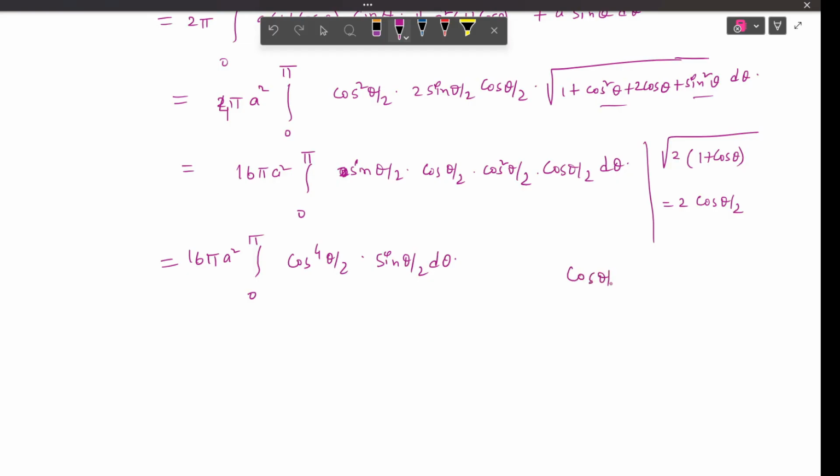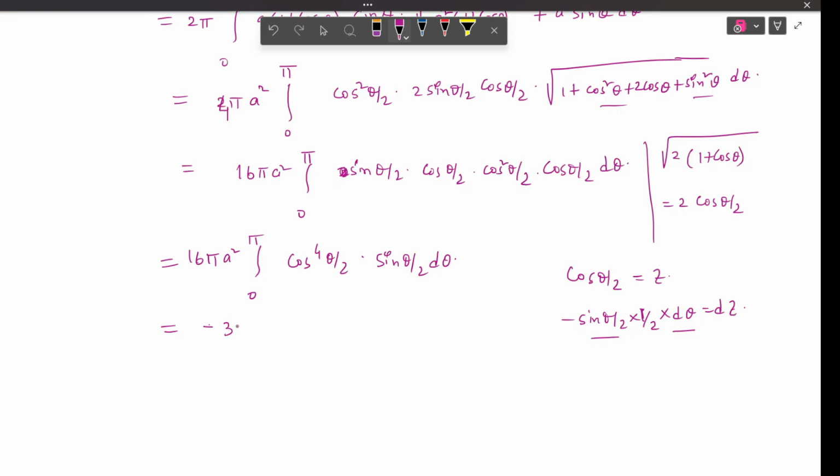So if you take cos theta by 2 as z, it will be minus sine theta by 2, and half will come outside, multiplied by half into d theta would be dz. So sine theta by 2 d theta would be minus 2 dz.